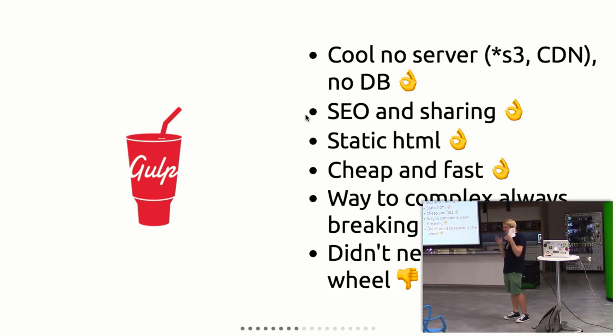So if I want to minify a CSS file, or I want to generate a couple of files, I pipe them into this thing, and some stuff comes out. And this was cool because, yeah, no server again. Now I get the SEO and sharing because the output is just HTML, CSS, and JavaScript. So it's pure HTML, so Google, Facebook, all those things can read it easily.